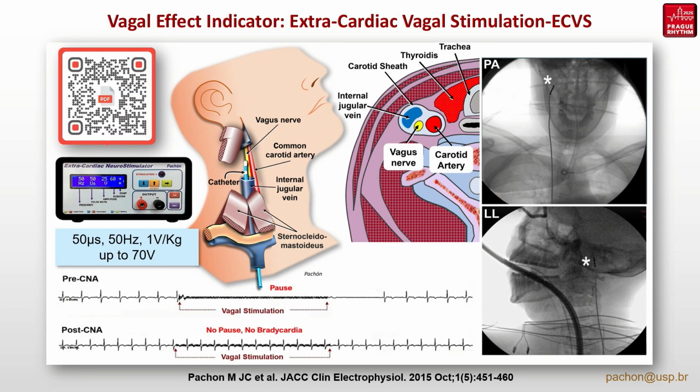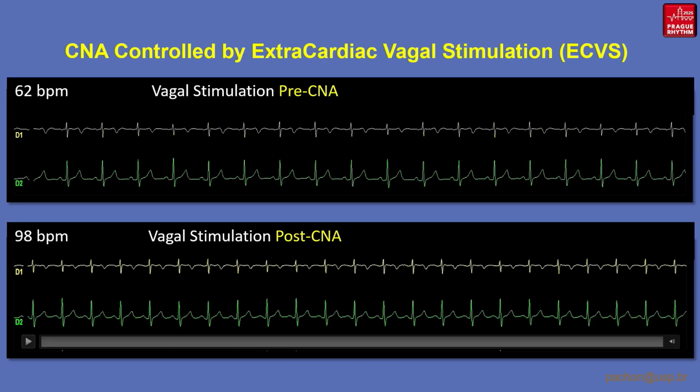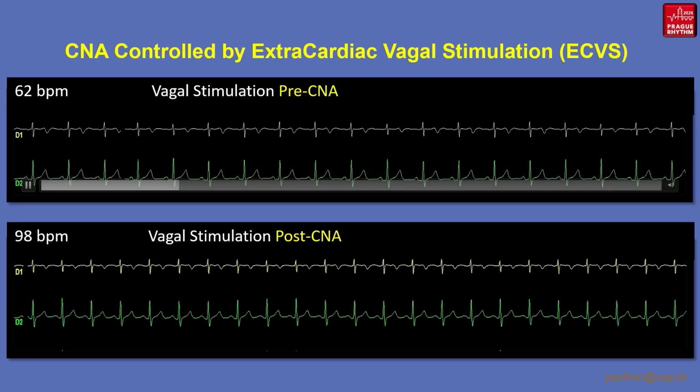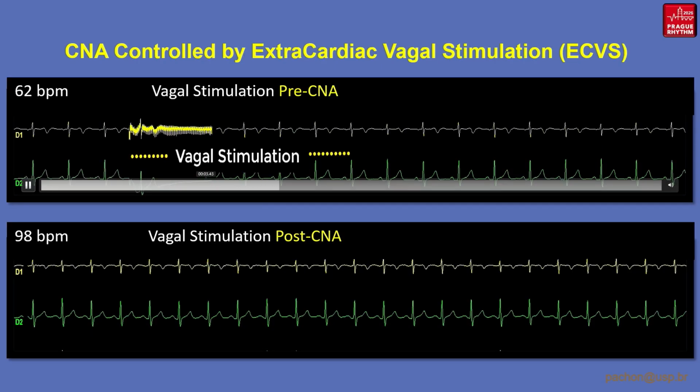So we developed the extracardiac vagus stimulation, which is obtained by advancing a catheter from inside the internal jugular vein. At that point, it is possible to stimulate the vagus without contact, and obviously, it makes it possible to cause a sinus arrest.